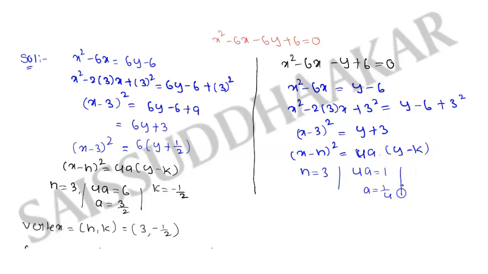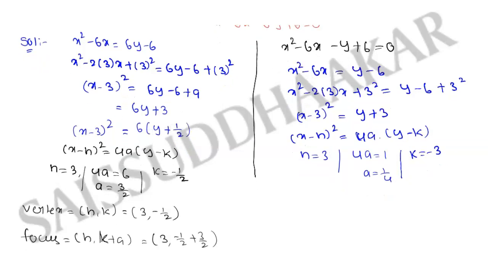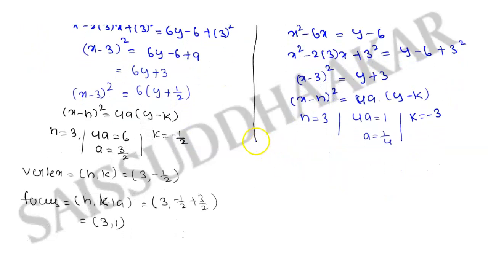First I am finding the vertex, after that I can go for the focus. Vertex is equal to h comma k. So this is equal to 3 comma minus 3.